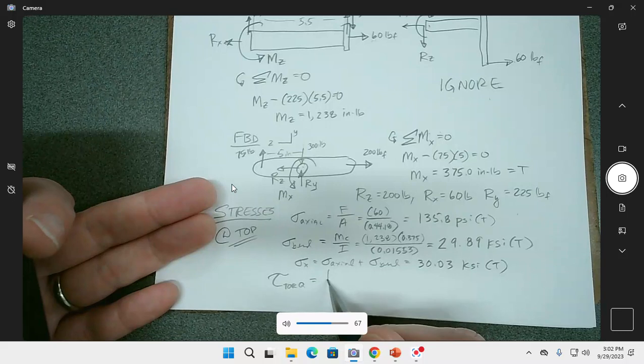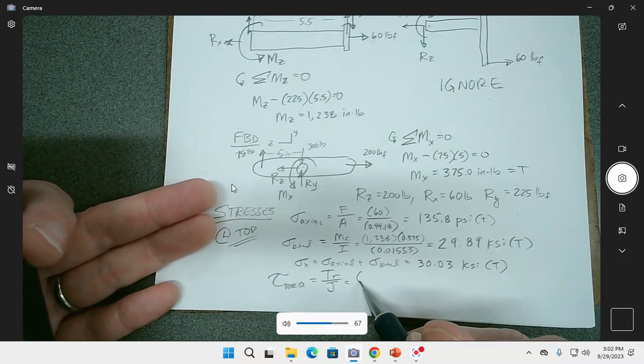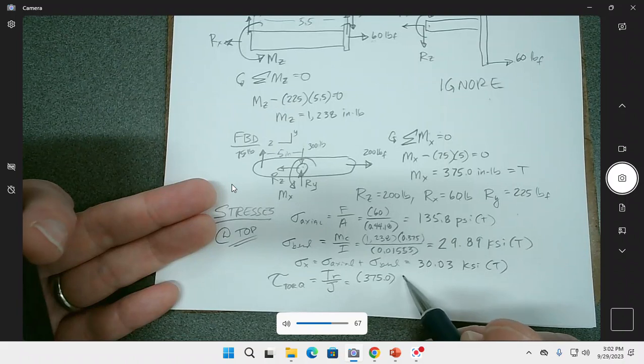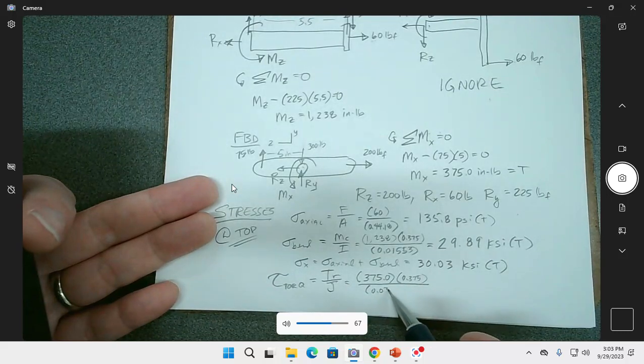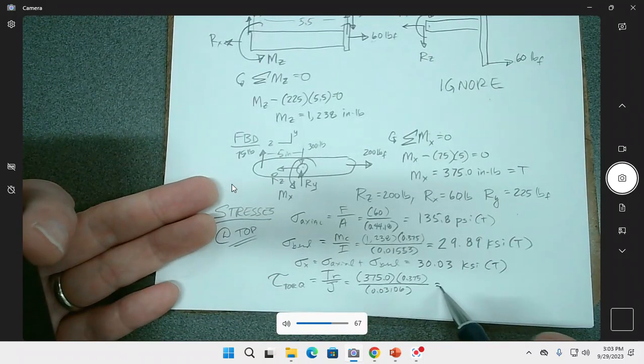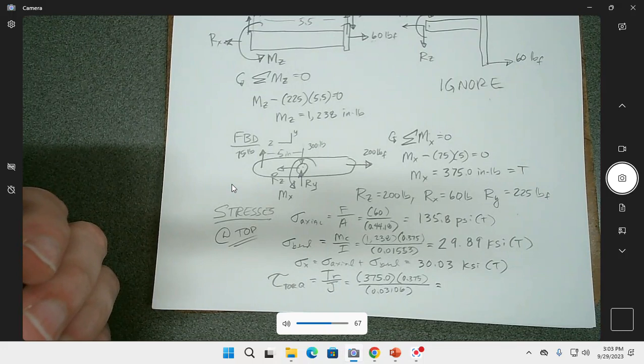And then we do want to be able to do the transverse. So TR over J, we're going to have 0.375 times 0.375 divided by 0.03106.